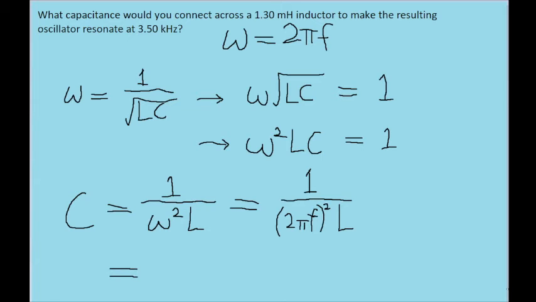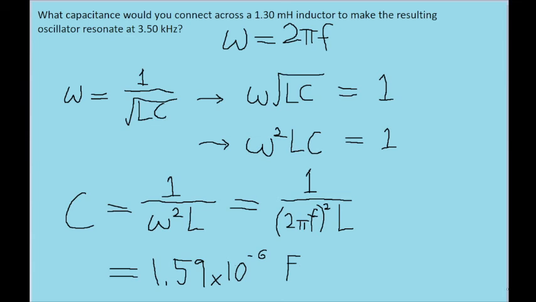If you were to plug this into your calculator, you'll get an answer that is something along the lines of 1.59, and I say something along the lines of, but that's just because I'm rounding to the proper significant figures, and you'd get this times 10 to the negative 6 farads. And of course, by convention, we typically write out capacitance in terms of microfarads.